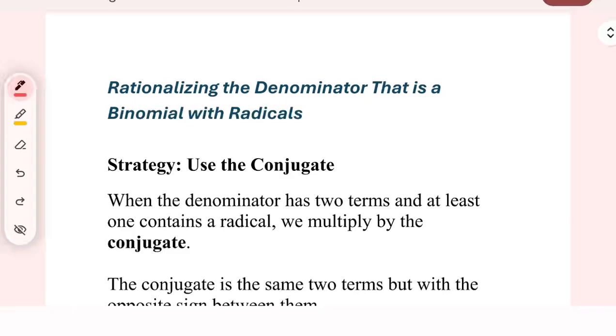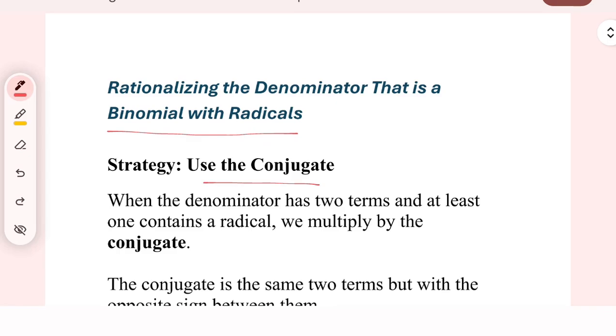Here, our denominator is actually a binomial with radicals. So how do we rationalize the denominator when it is a binomial with radicals? We have another method, and that is using the conjugate method.